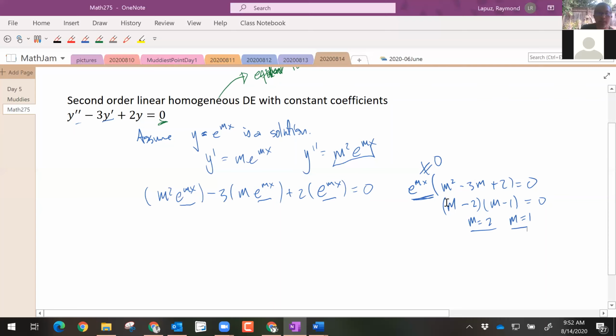So it looks like my solutions for the differential equation are going to be, I have two of them, so I'll label it y1 equals e to the 1 times x, and then y2 equals e to the 2x.